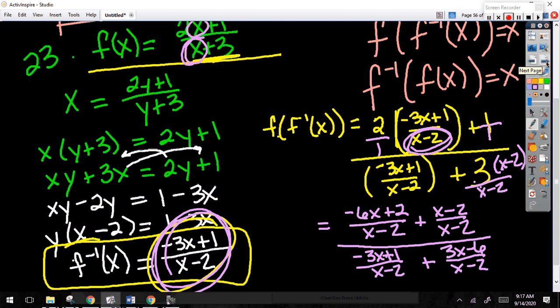Now, if you went the long way about this, it's okay. You don't have to do this. I'm just showing you this because every single denominator is the same. Here, it would cancel. And here, it would cancel when you distribute through, right? Same thing here. My fraction suddenly looks a lot better, right? Okay. So I've got negative 6x plus 2.